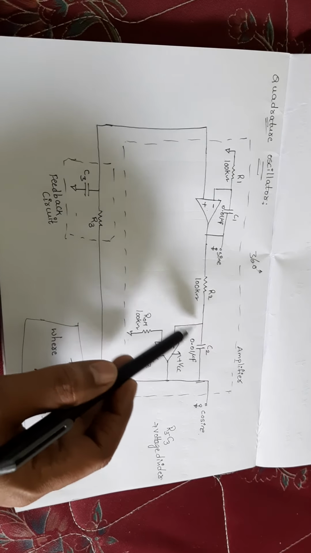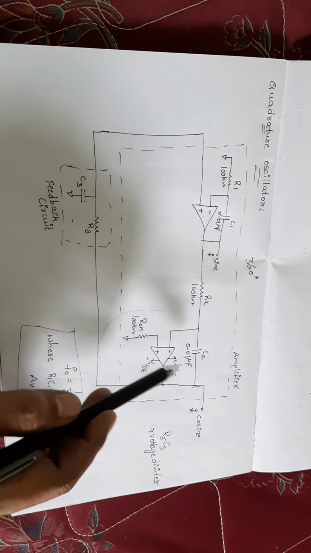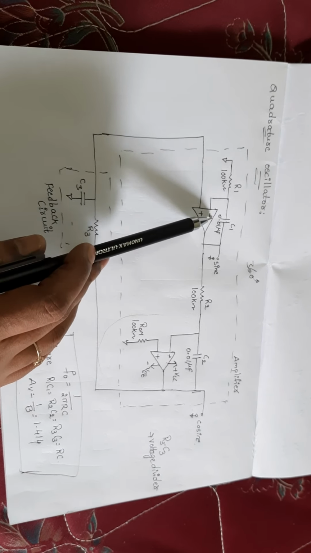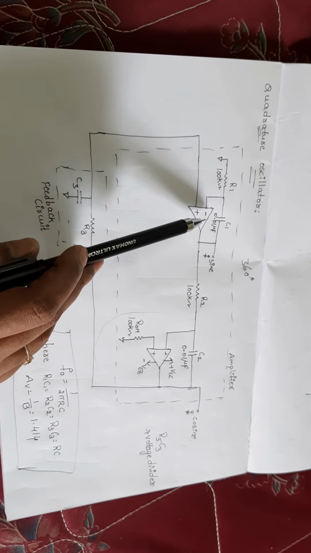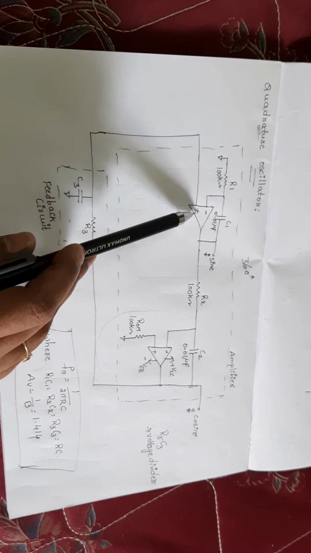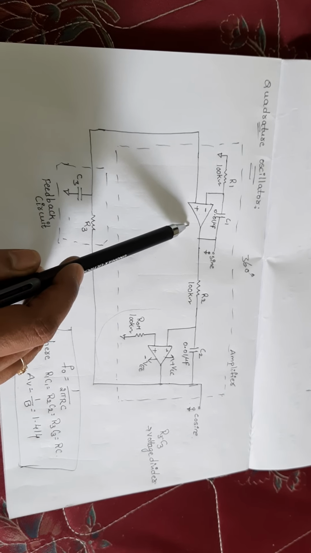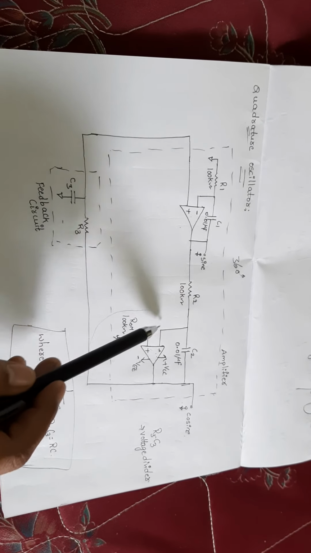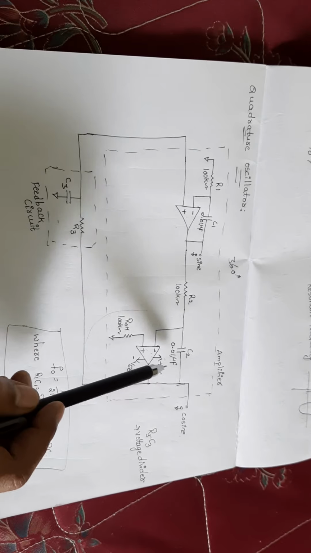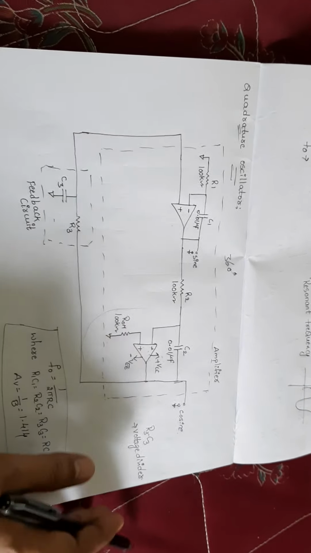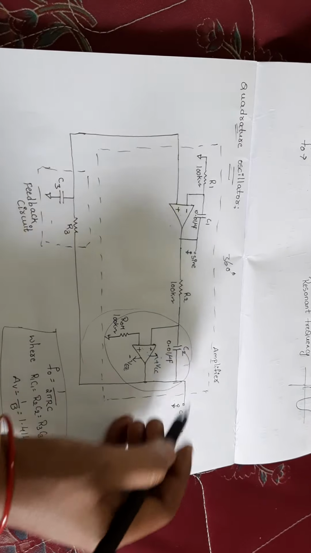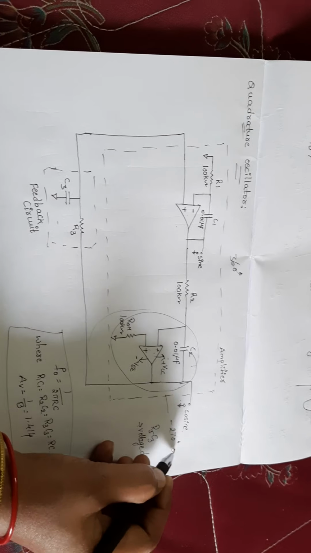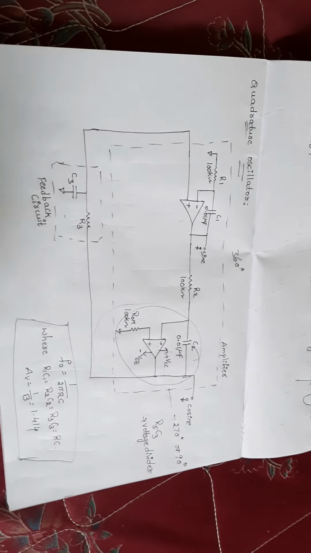See this part, the A2 op amp is like a pure integrator and this is like a partial integrator or non-inverting integrator. This A2 op amp as a pure integrator is going to contribute either minus 270 degrees or plus 90 degrees phase shift.